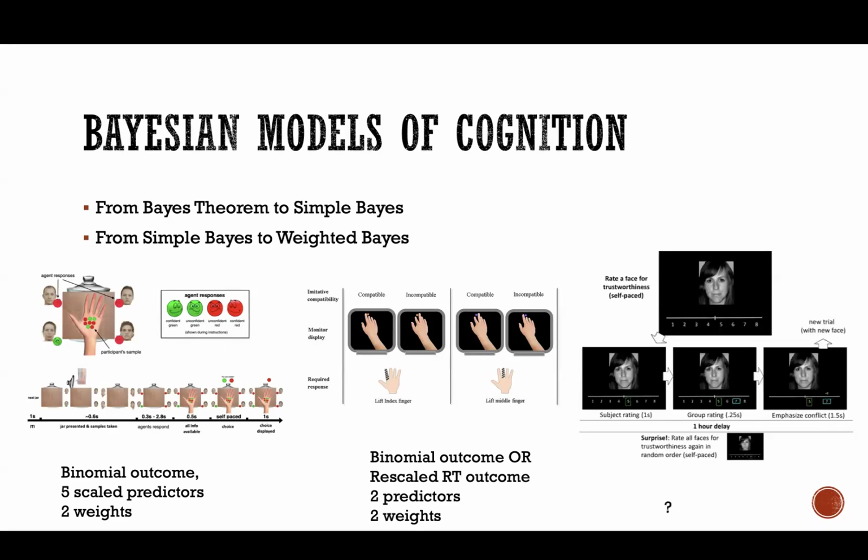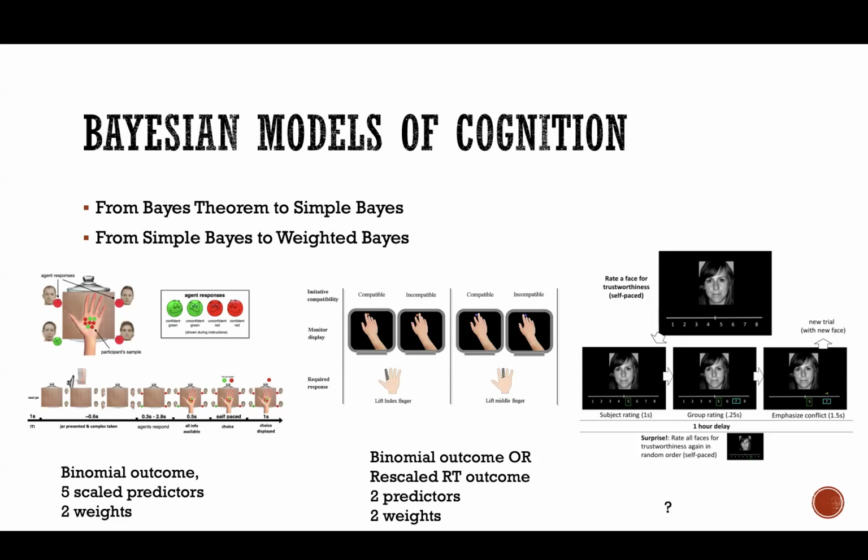And the assignment is going to be applying it to yet another paradigm in which you are shown a face and you're asked how trustworthy this face is. You have a value from 1 to 8. Depending on the paradigm, but I think it's about 150 faces in the data set that you can access.